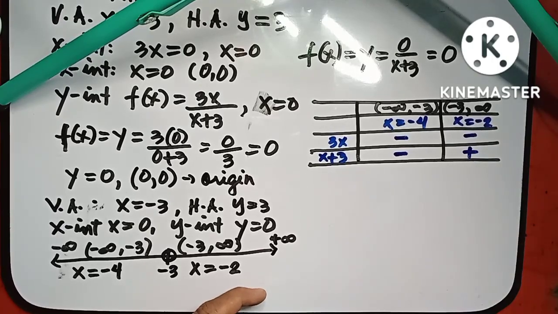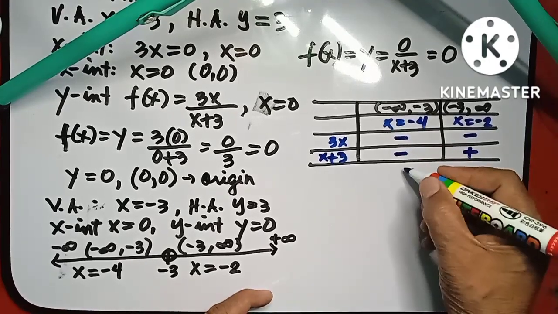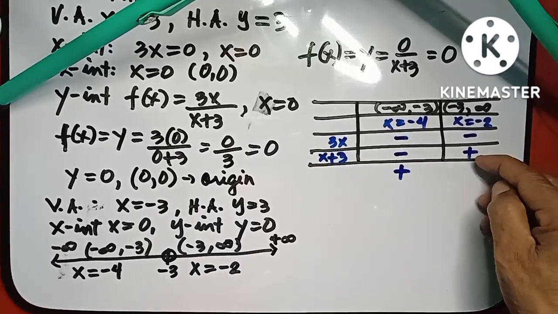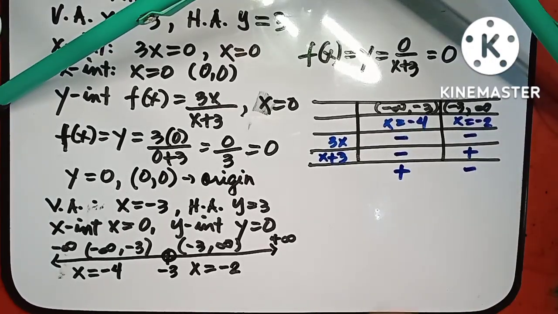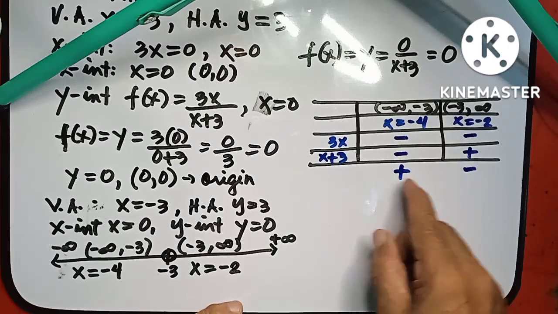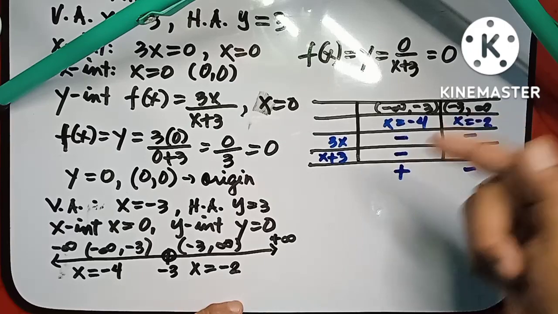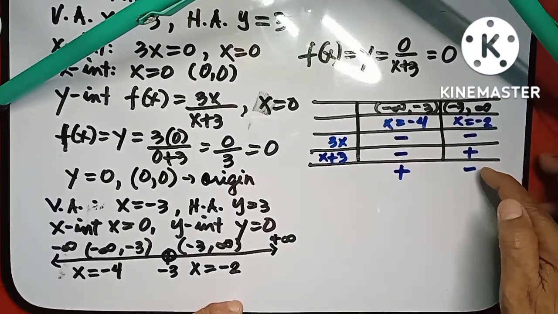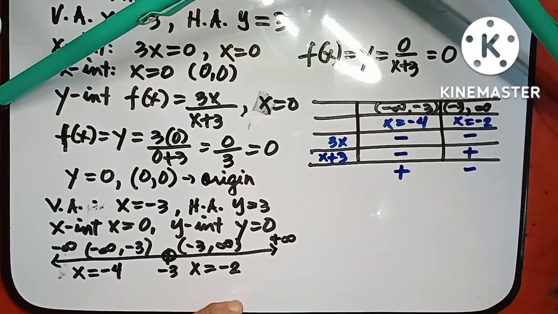So the quotient of signs: negative divided by negative equals positive, and negative divided by positive is negative. This simply means that for a positive value of the function, the graph is located above the x-axis, and for negative, the graph is located below the x-axis.